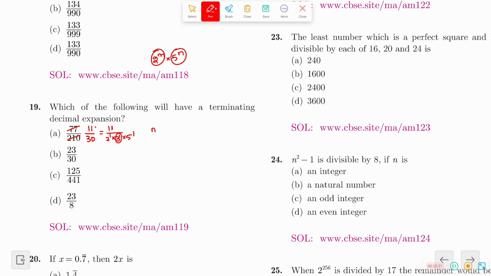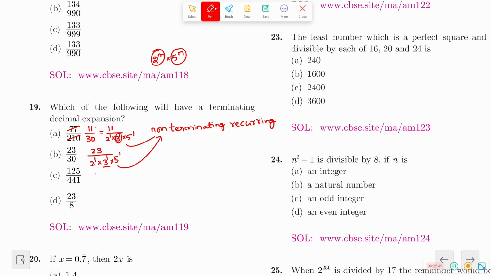So it is a non-terminating recurring decimal, because it is not in the form 2 power m into 5 power n. And this one we have already seen, 23 by 30 is again 2 power 1, 3 power 1, 5 power 1. Because 3 is there, it is also a non-terminating recurring decimal.